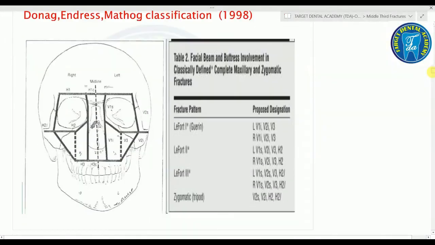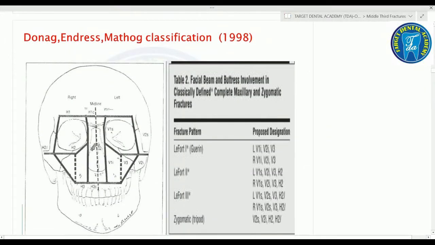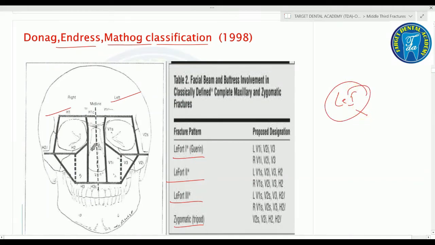fractures. So according to the Dornack-Andrews classification, which was given in 1998, in this we have Lefort 1, Lefort 2, Lefort 3 and zygomatic or the tripod. So the proposed designation, in which we have the right and the left. So in the right and the left, the first is the Lefort 1 fracture, which is also known as the Guerin fracture. Fine. So on the left side, it involves the V1I, the V2I and V3.